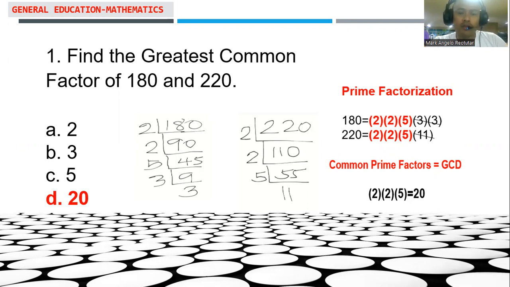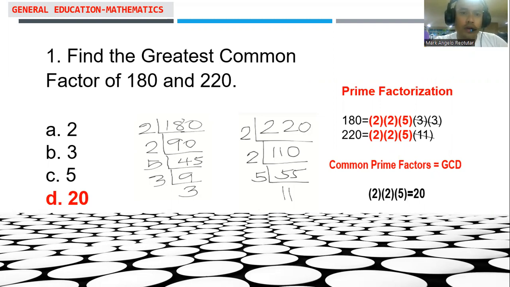You were asked to find the greatest common factor of 180 and 220. But of course, before we get the greatest common factor of 180 and 220, the first thing that we need to do is to review or recall the idea about greatest common factor.